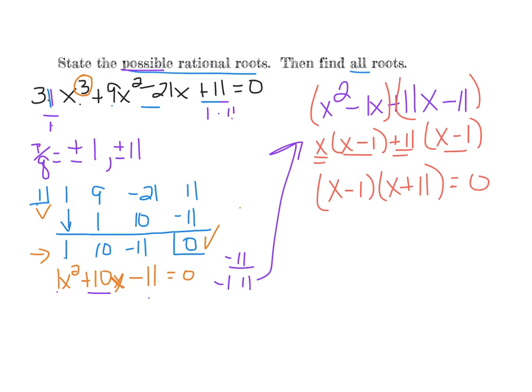So again, to finish solving, I have to take each factor and set it equal to 0 and solve. So add the 1 to get x equals 1. Subtract the 11 to get x equals negative 11.